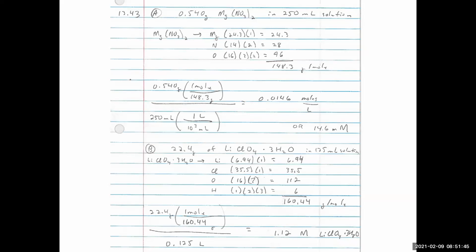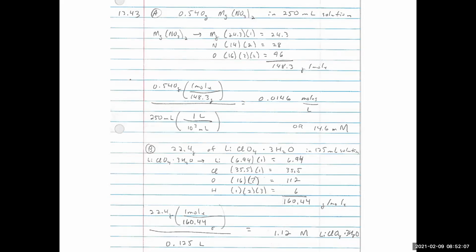Now to calculate the molarity of the solution, we take our 22.4 grams and do dimensional analysis, 1 mole per 160.44 grams. That converts our numerator into moles. We had 125 mils of solution.